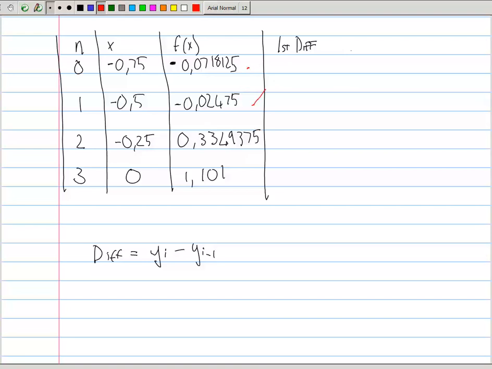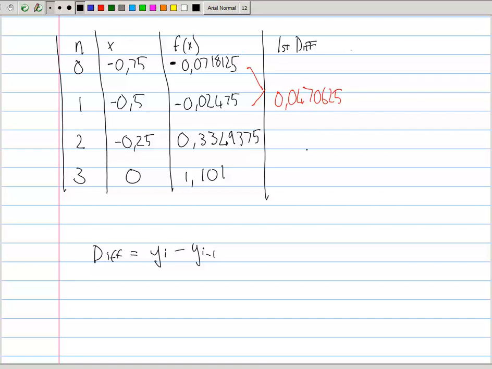If we subtract one from the other, we should land up with 0.0470625. And I've written this in red for good reason. You'll see as I complete them.